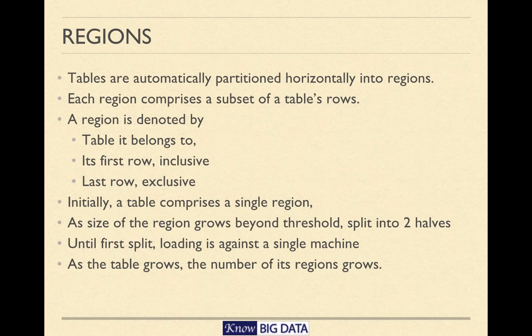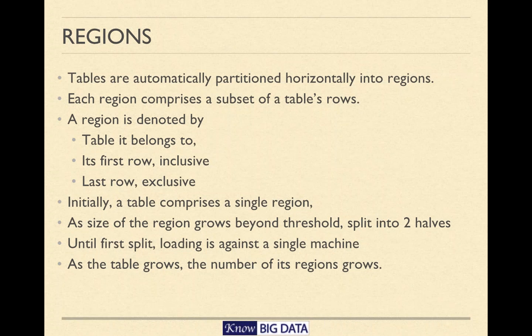Each region comprises a subset of the table's rows, and it is denoted by a start and an end. Why is it sufficient to just mark a region by start and end? Because the data in a table is ordered by an ID. If you have seen a dictionary, at the corner of the page you will see just two words, the starting word and the ending word.